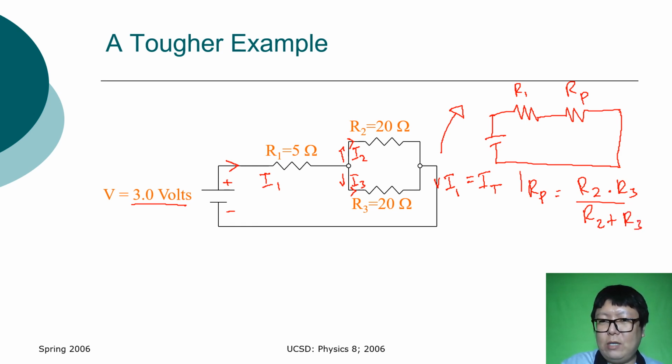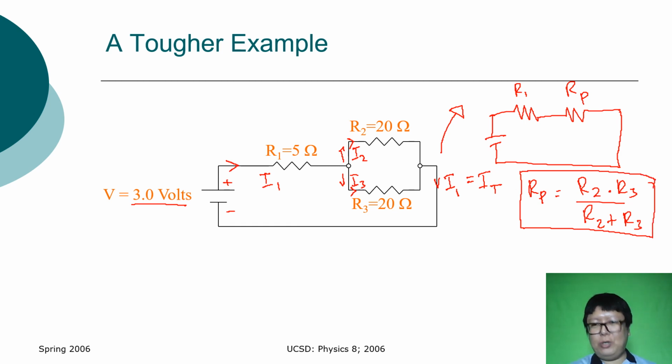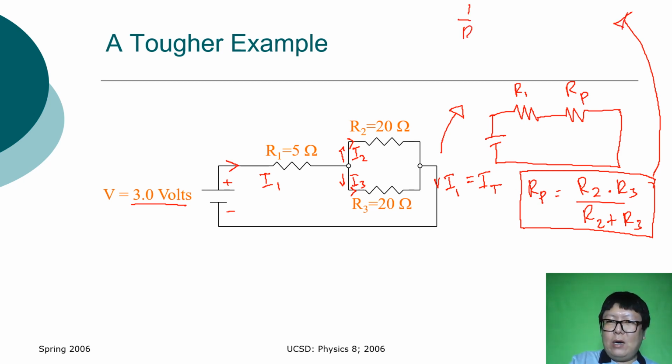You only can use this formula if there are only 2 resistors. If more than 2, you cannot use this. Where does this come from? I think you can derive it from the formula 1 over R equals 1 over R1 plus 1 over R2, right? Then you do the cross multiplication.